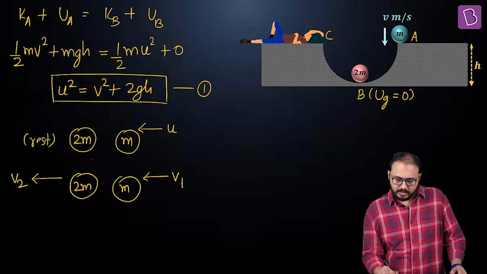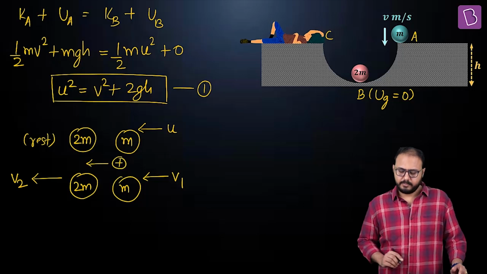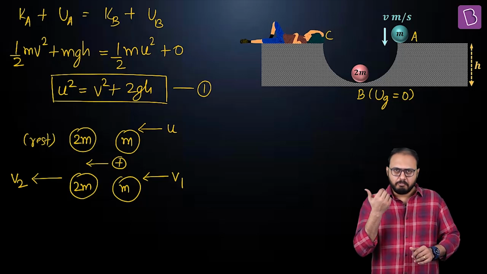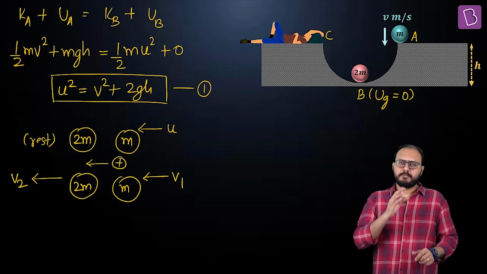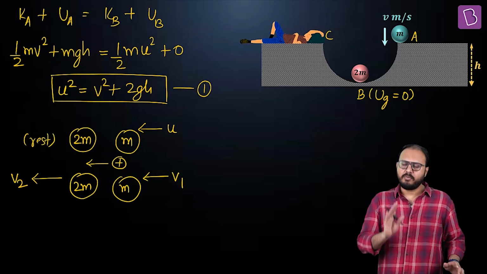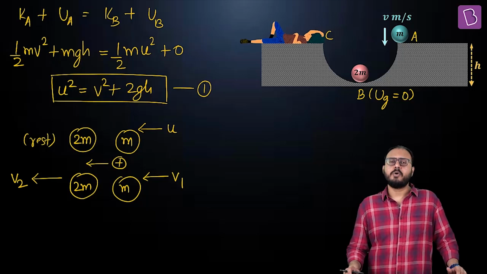You can choose left as positive. I'm giving you 1.5 minutes. Solve. Don't waste your energy. I don't want V1. I only want V2. Elastic collision, e equal to 1.